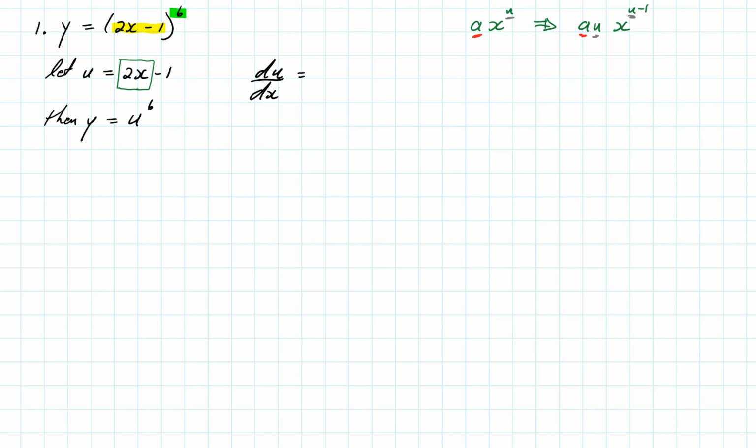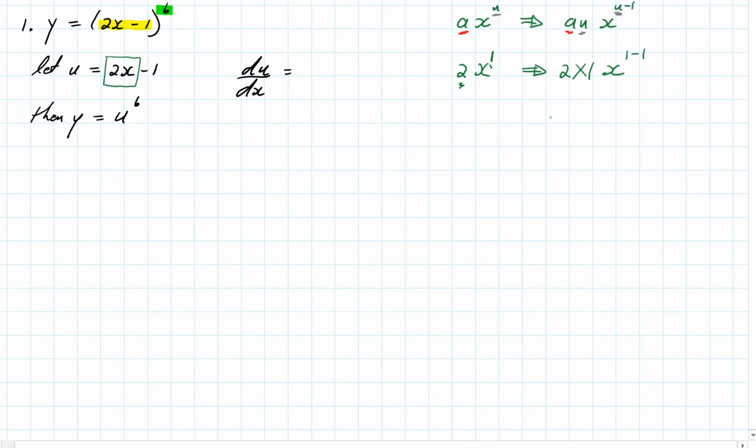So we look at 2x, and if we don't see the power, as you know, the power is 1. If we now take the derivative of that, we multiply a by n. So this is now your a, and that's your n. So a is 2 times n is 1, and then we write down the x, and n, which is 1, minus 1, because the rule says deduct 1 from n.